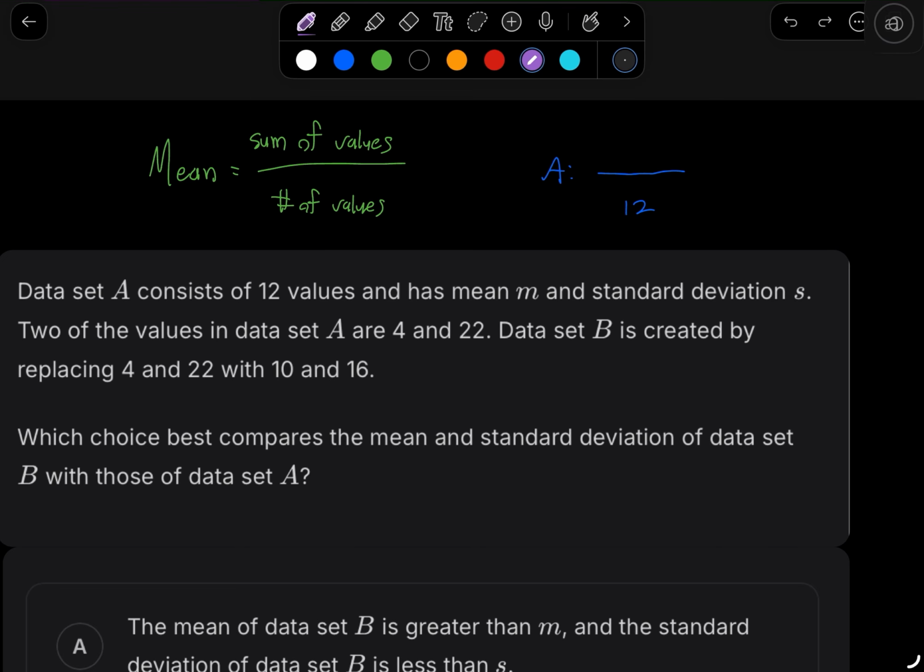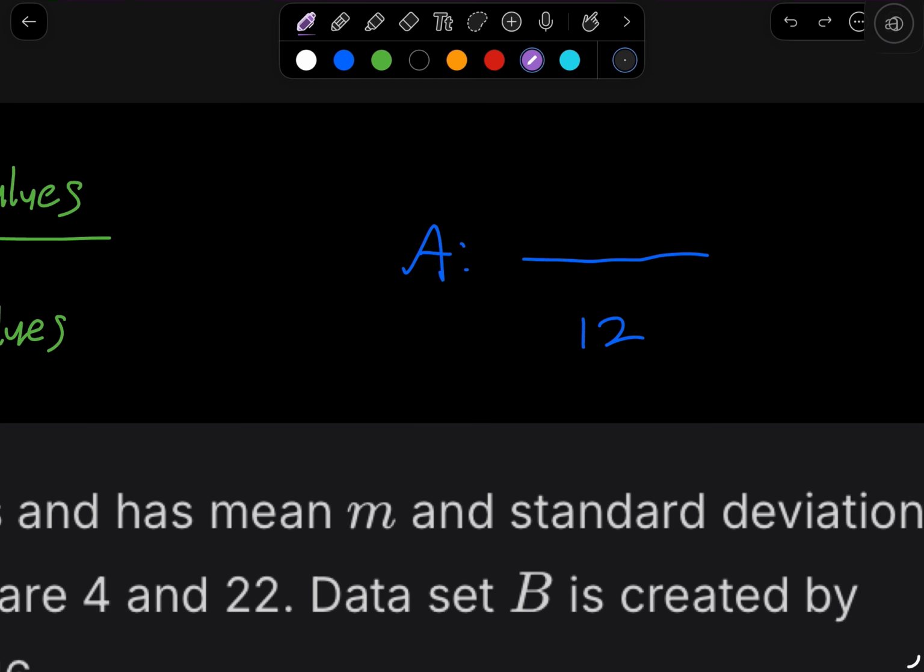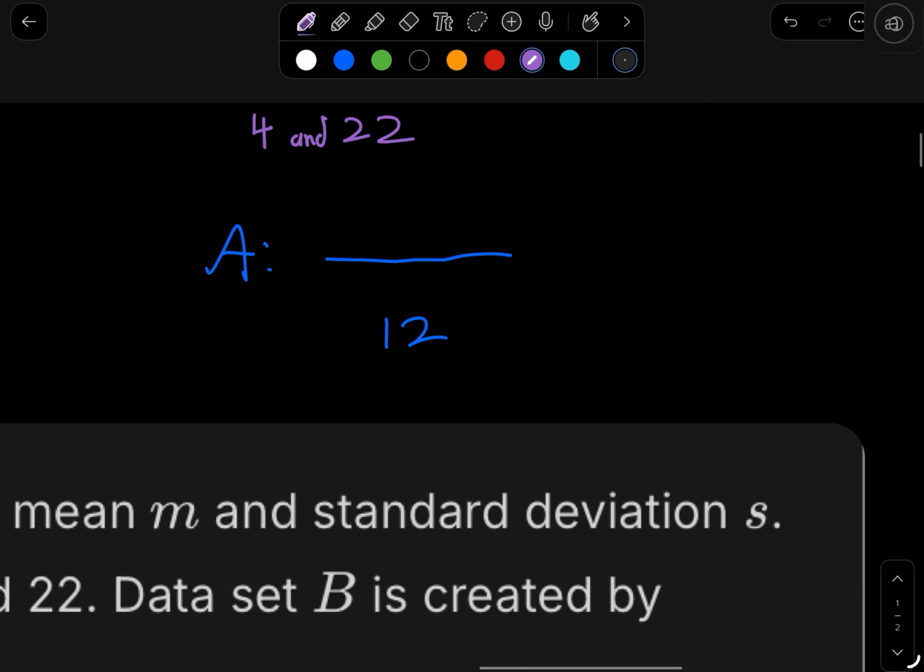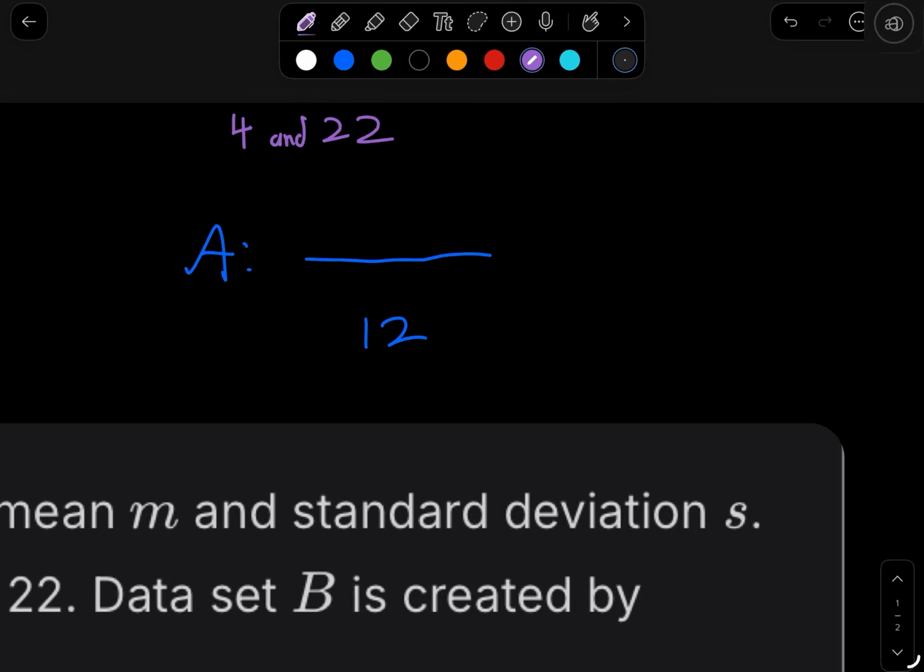but we can still find a way to represent it. So we know two of the values are 4 and 22, and we don't know the other 10 values. We don't know how much they add to the data set. So let's just call that plus the sum of the other 10 values.